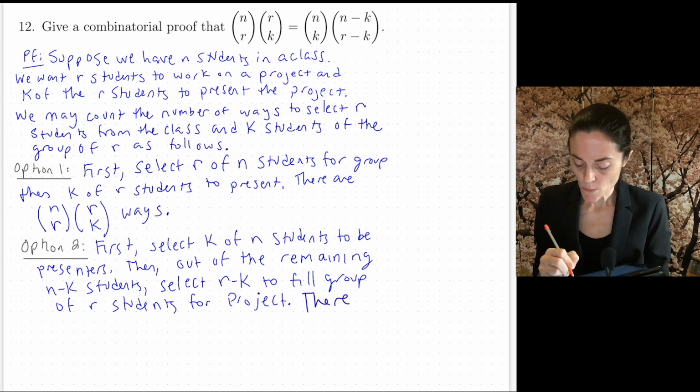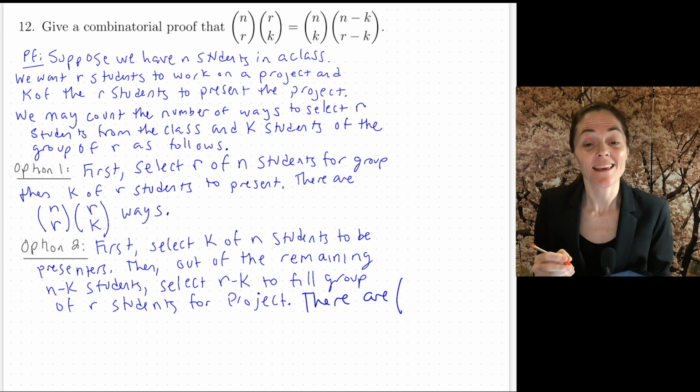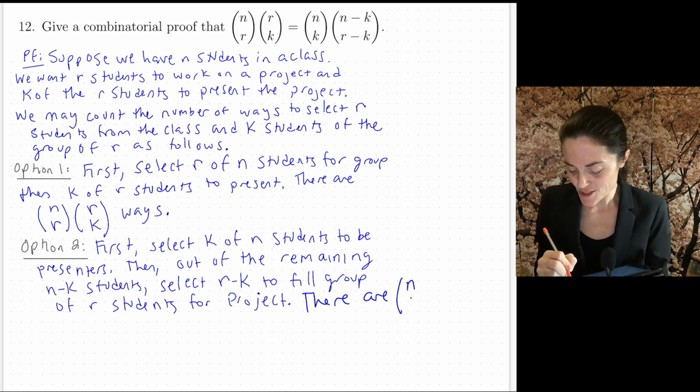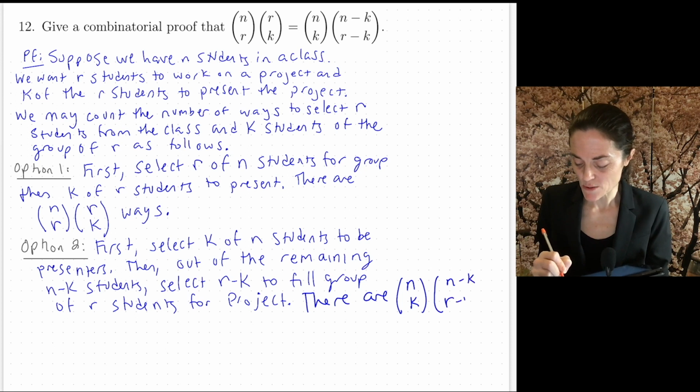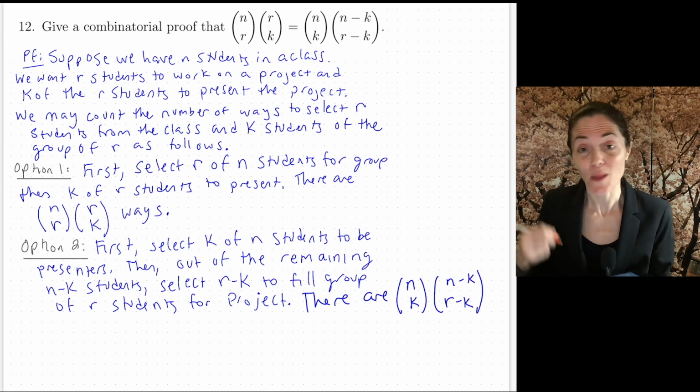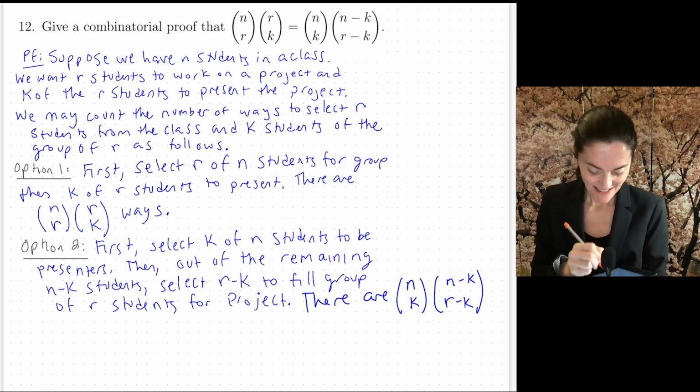Once again, we use multiplication rule and we see there are, well, first you choose k, and then out of the remaining n minus k, we choose the remaining r minus k people to work on the project ways.